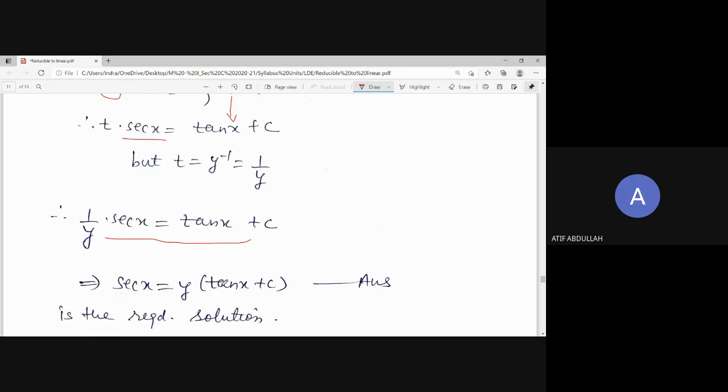So the reducible to linear form is nothing but Bernoulli's equation. The difference between the earlier form and this form is that this is Bernoulli's equation, form number 2 for reducible to linear. It is similar to a reducible to linear differential equation, but there some power of y is multiplied on the RHS, and that takes the term f of y and f dash of y.